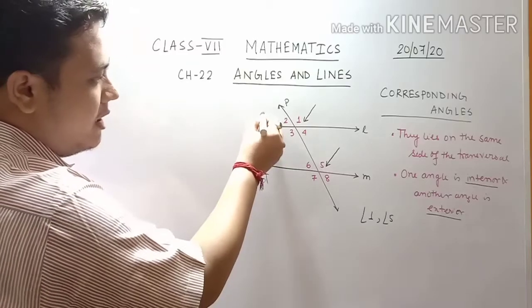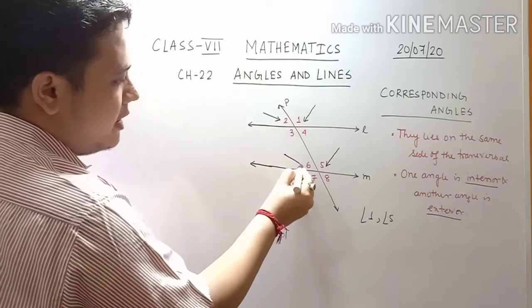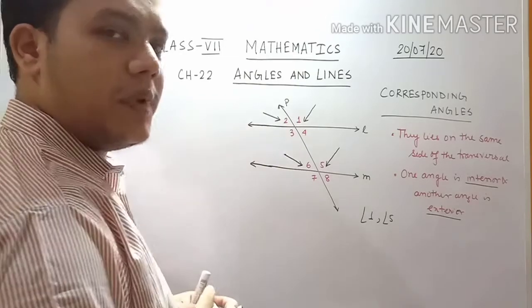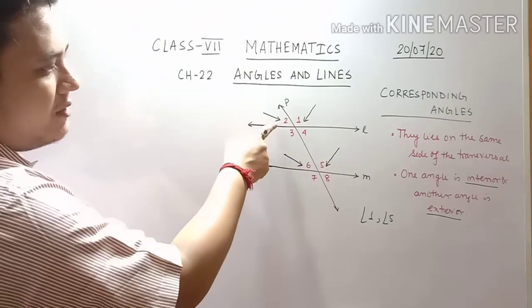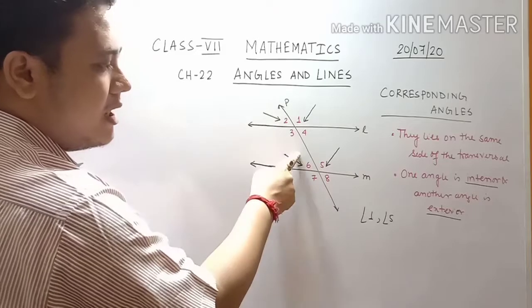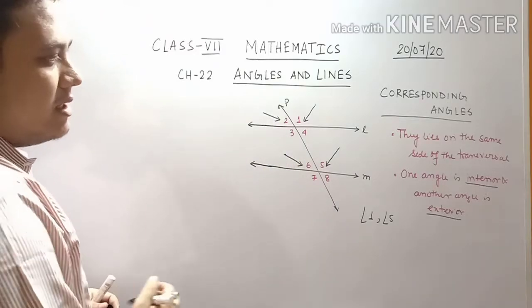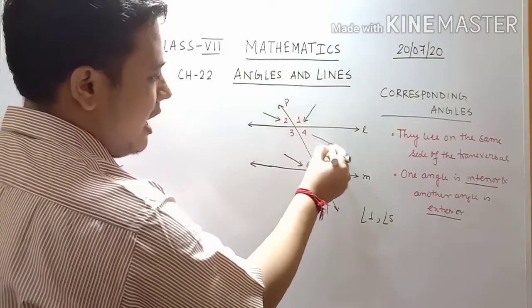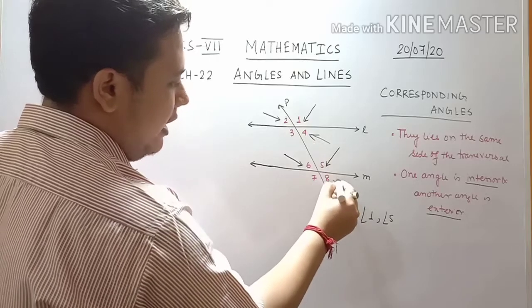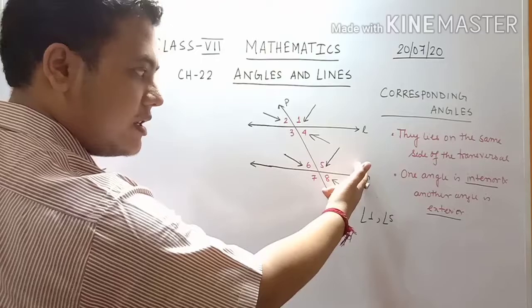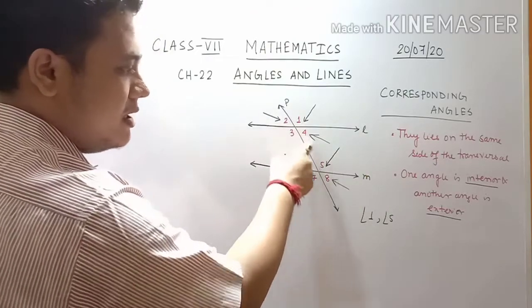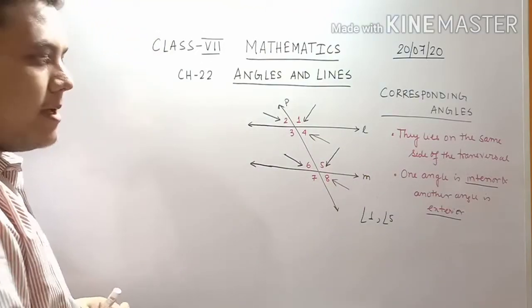Similarly, can you say that angle 2 and angle 6 is also a corresponding pair, because it lies on the same side of the transversal, as well as one is exterior and another one is interior. Similarly, angle 4 and angle 8 are also corresponding angles, lying on the same side of the transversal, and one is interior and another one is exterior.